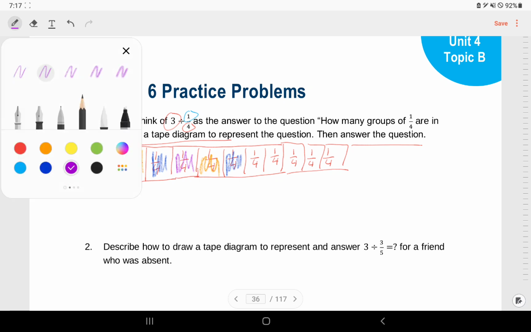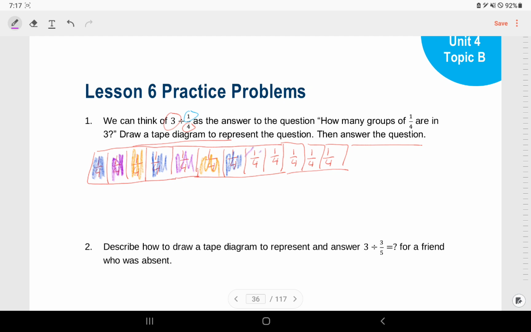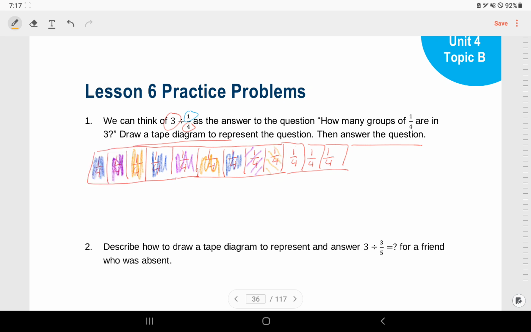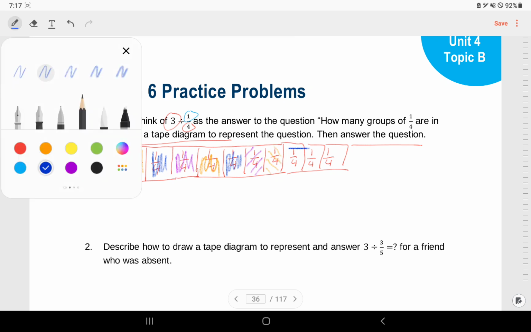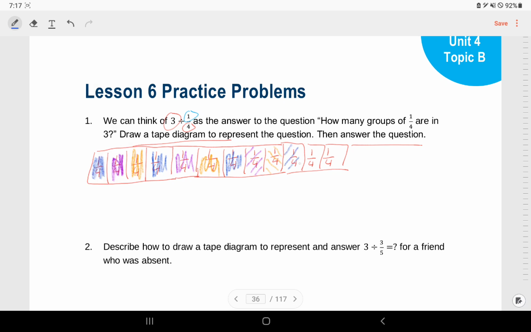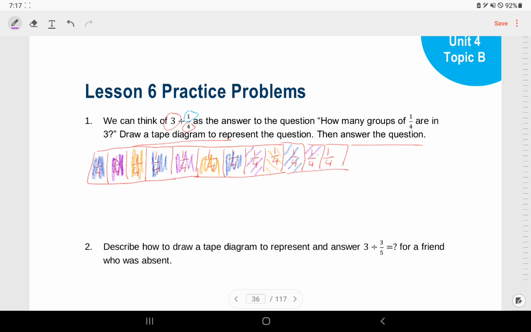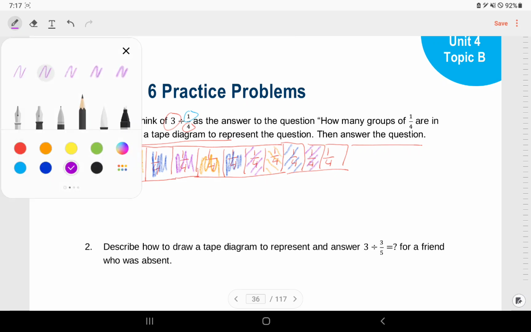If you don't have multiple colors, you can do something as simple as a pattern and then go the other way, so that you can see the different groups. So then that would be dark. I got off my color pattern. All right.